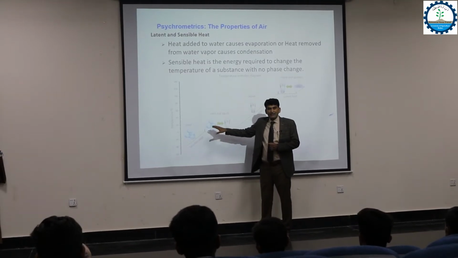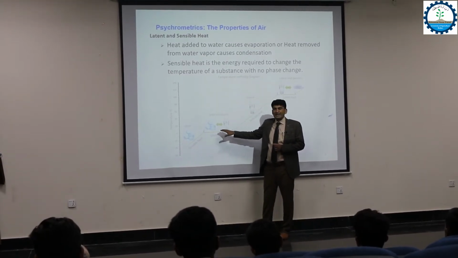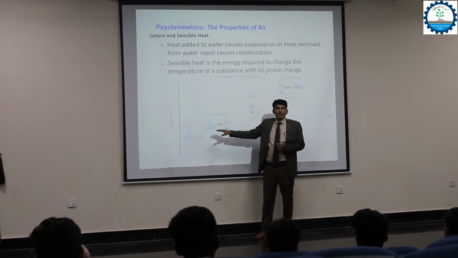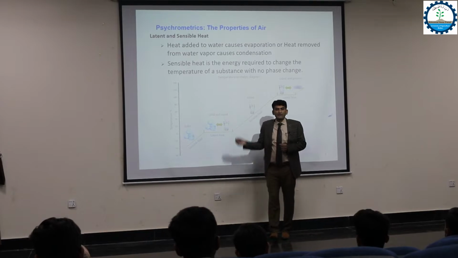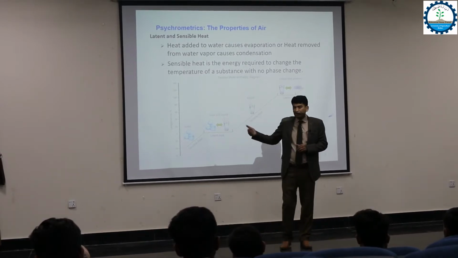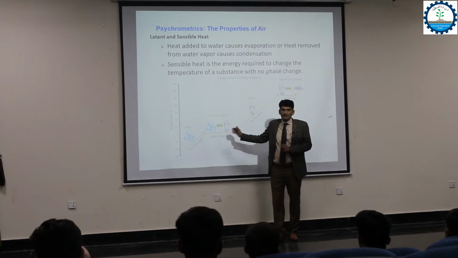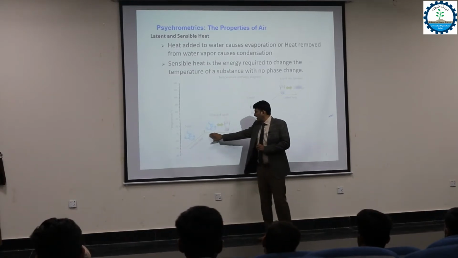So all the energy or heat which you are supplying in this section is utilized for the change in phase of the material, in this case ice into water. So you can't predict it with a thermometer.